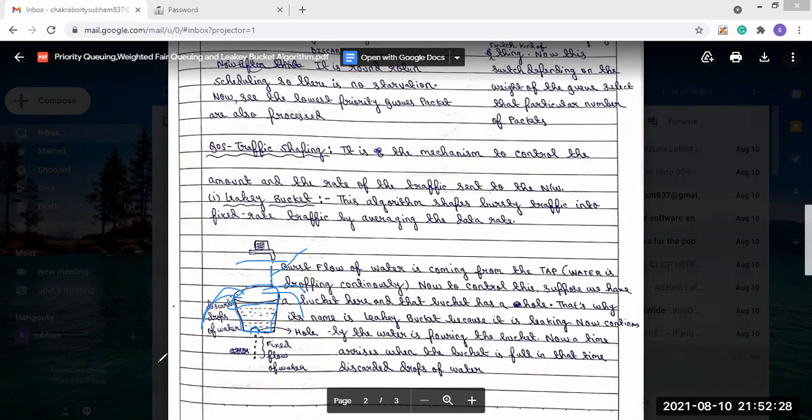From this concept, if it is a real life problem, now think what?